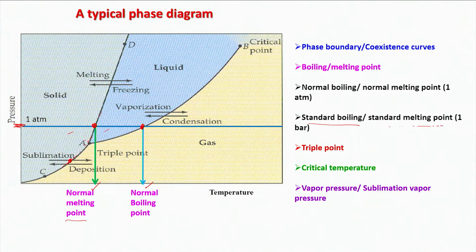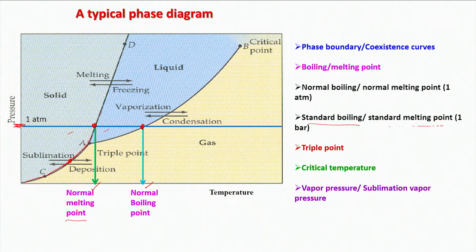Similarly, cooling of the gas at 1 atmospheric pressure, even at a very low temperature, will not give you any deposition of the solid. That is simply because, once again, this sublimation curve or the deposition curve is non-existent at 1 atmospheric pressure.